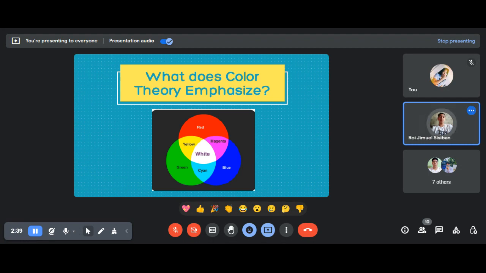what does color theory emphasize? So, color theory is about the colors that cannot be made from the combination of any other colors. It is the combination of the three main colors, which are the primary, secondary, and tertiary. When these three colors are combined, they add up to white light.